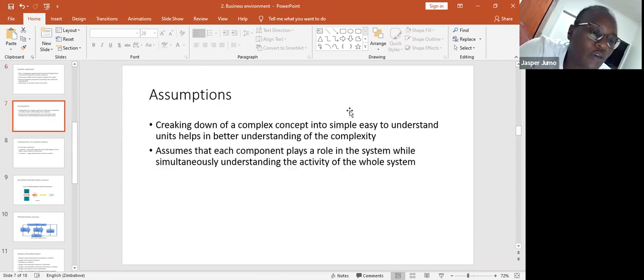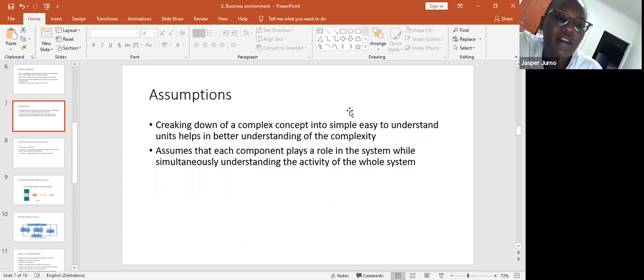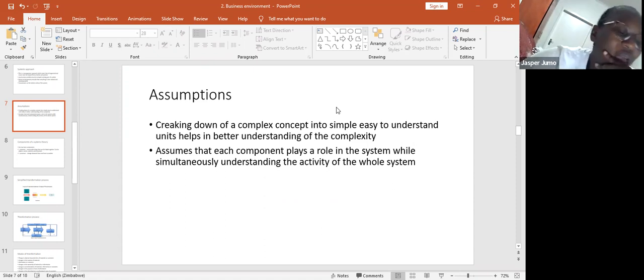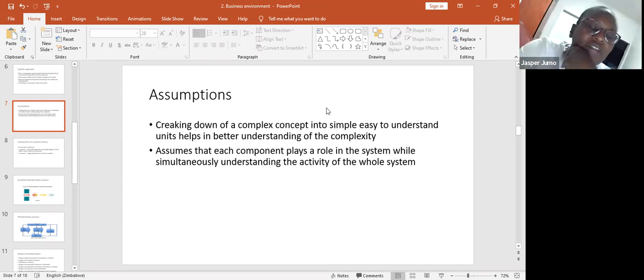So, of course, there are some assumptions with that approach. The first one is that the systems approach assumes that the complexity of an organization is very simple, it's easy to understand, as long as you look at it from subsets.